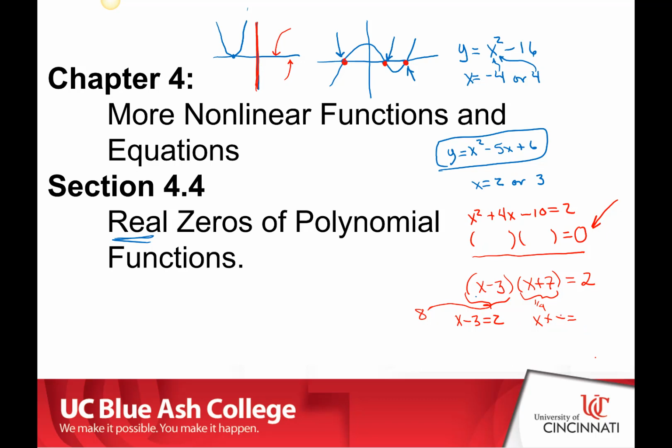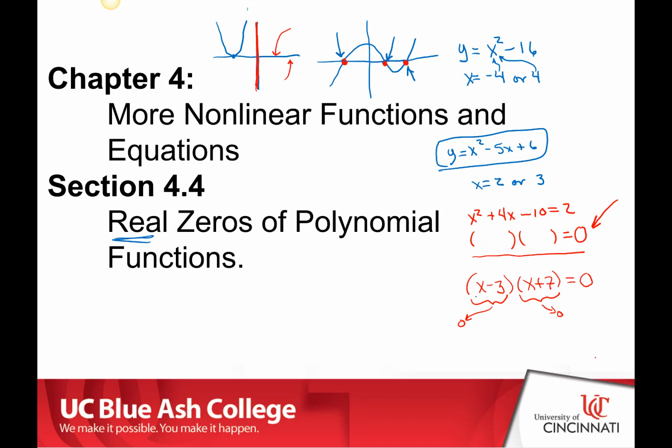On the other hand, if we have a scenario where instead of multiplying together to give you 2, it multiplies to give you 0, this number has to be 0, doesn't it? Or this number has to be 0. One of those has to be 0. Does that make sense?